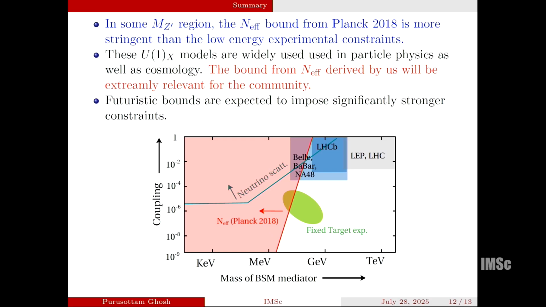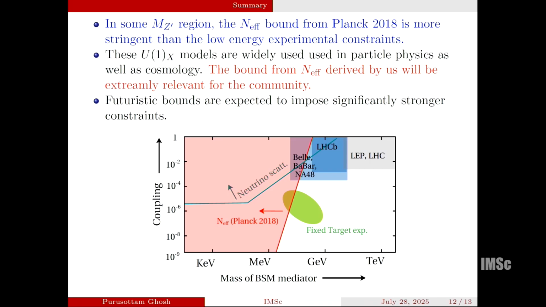So with this I would like to summarize. We start from the generic U1x scenario, and then we come to the different U1x models, and for each U1x scenario we identify the exclusion region or N effective upper bound in the plane of mz prime and gx. These U1x models are widely used in the particle physics community.